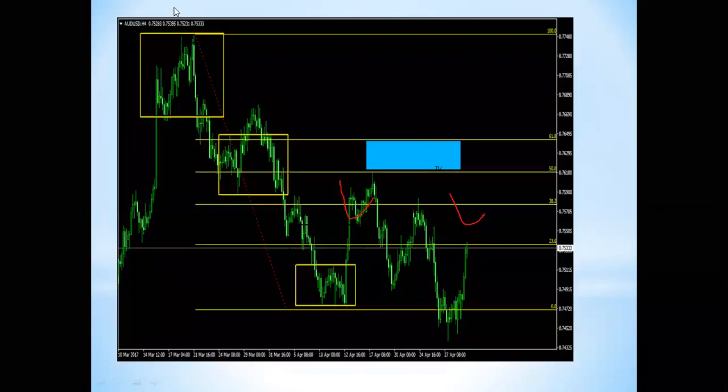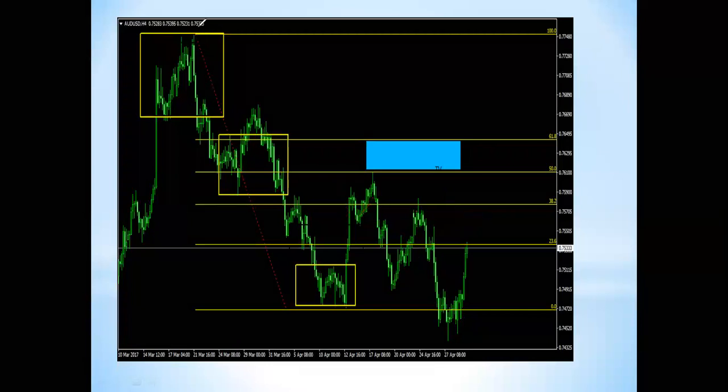Now, this is the same chart that we were looking at, but now we've inserted the Fibonacci retracement tool from swing high to swing low. We can see a nice push to the downside, the market consolidated, came in, and tapped the bottom of this rectangle.